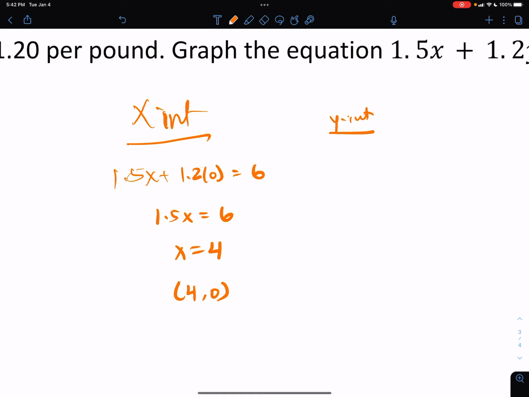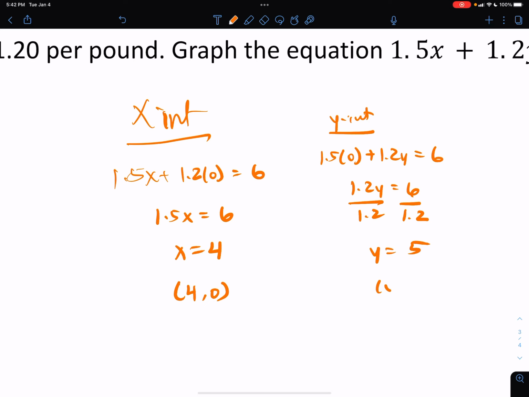Your y-intercept is 1.5 times 0 plus 1.2y equals 6. That's 1.2y equals 6. Divide by 1.2, divide by 1.2. You should get y equals 5. And then from here, that's your y-intercept (0, 5).